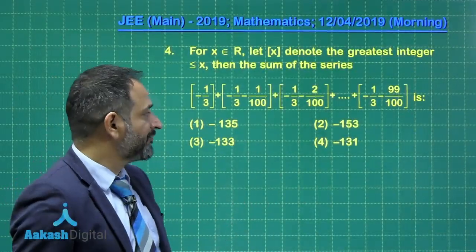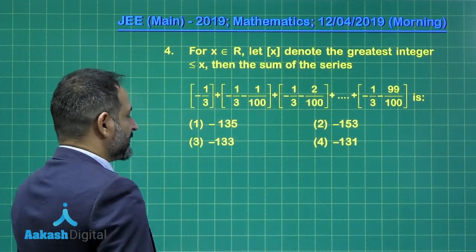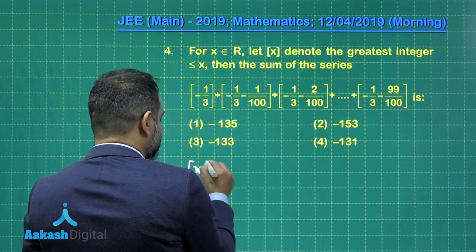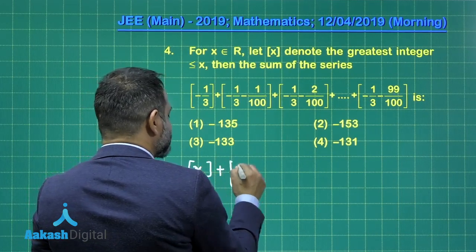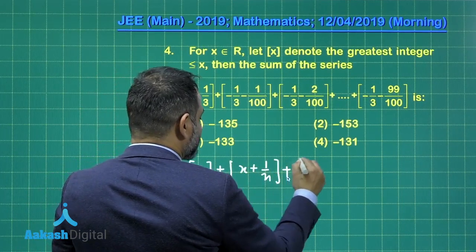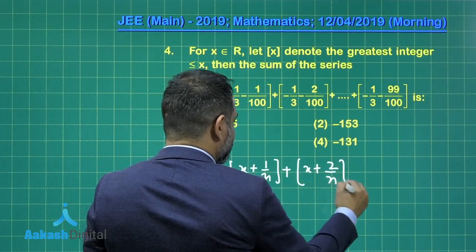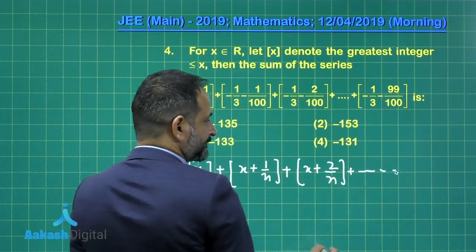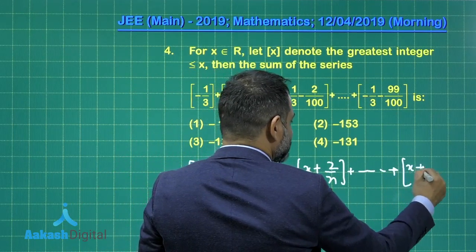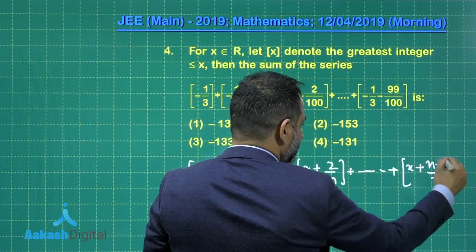This is the next problem, which is based on a very important property of the greatest integer. The property is: greatest integer of x, plus greatest integer of x plus 1 by n, plus greatest integer of x plus 2 by n, going up to the last term, greatest integer of x plus n minus 1 by n.